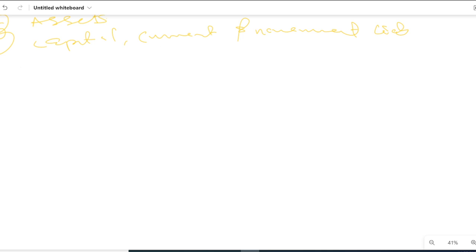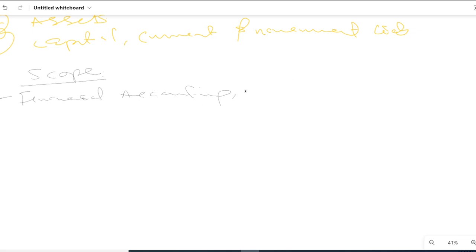The next thing, we are going to look at the scope of accounting. Let's say scope. This scope of accounting is what and what accounting covers. So under accounting we have financial accounting. This is the most popular aspect of accounting.